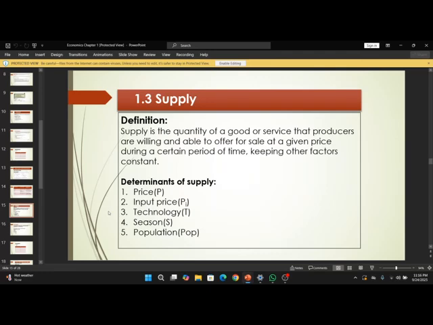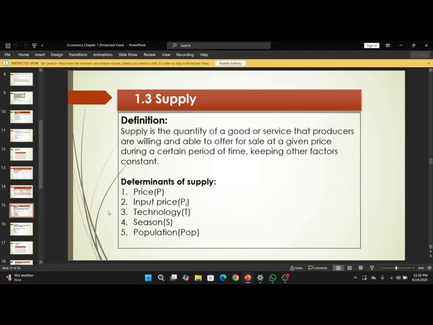For example, if the price of rice in the market is 50 taka per kilogram, farmers may be willing to supply 100 kilograms, but if the price increases to 70 taka, they may supply 1,500 kilograms. This shows that supply depends not only on the willingness but also on the ability of producers to sell.